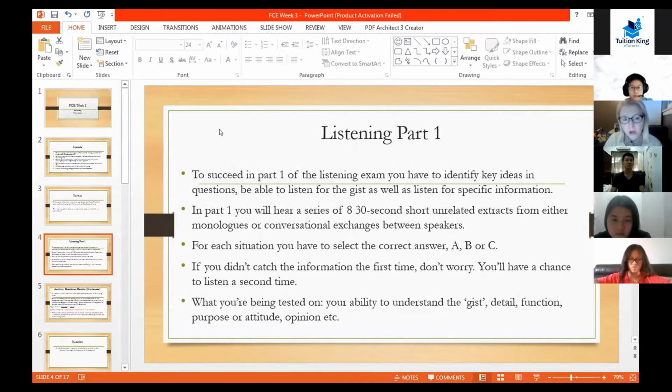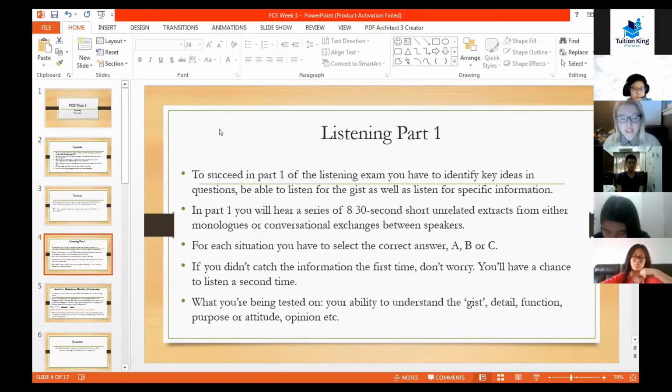So in part 1, you'll hear a series of 8 extracts, and these extracts are 30 seconds long, and they tend to be unrelated, so not on the same topic or not usually the same people. And they are usually monologues, so just one person speaking, or it might be a conversation between 2 people. There's quite a lot of variation with that.